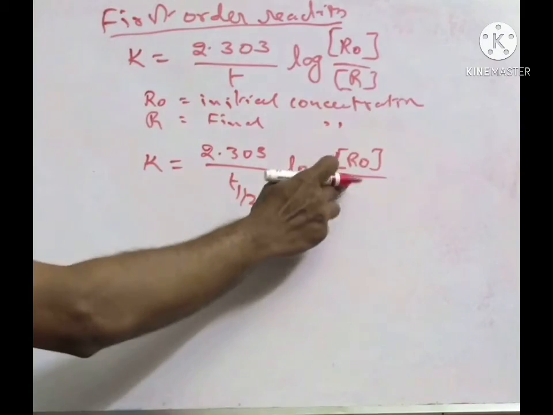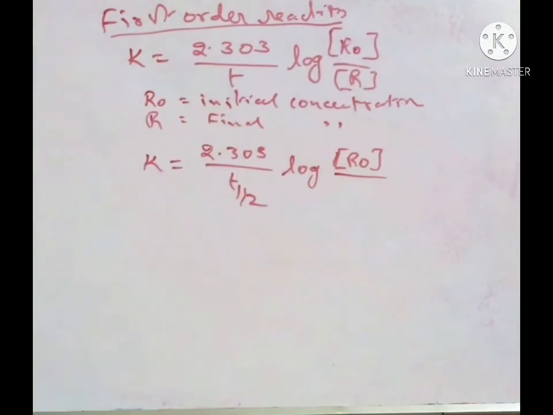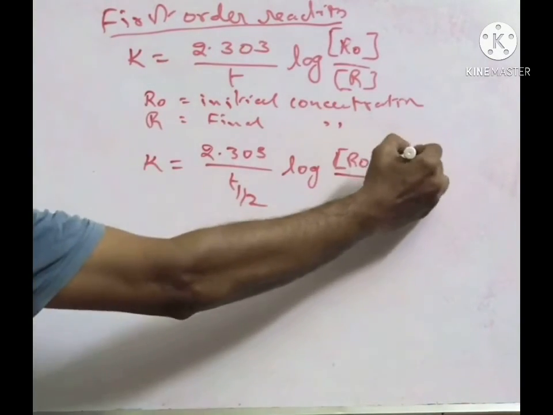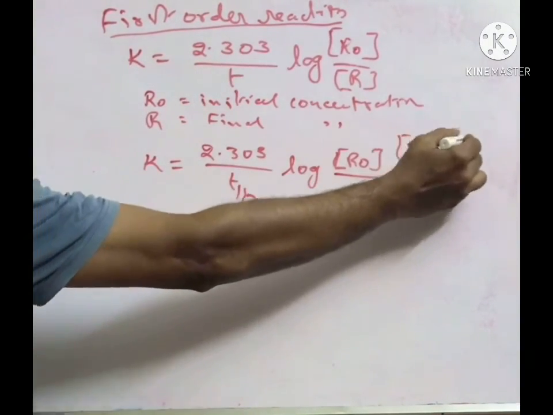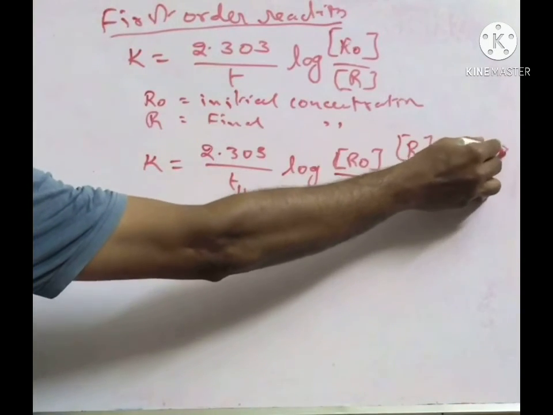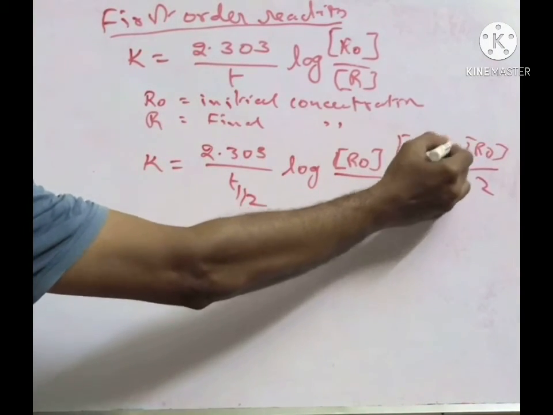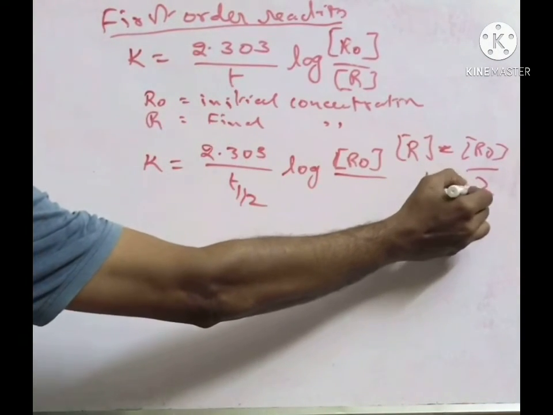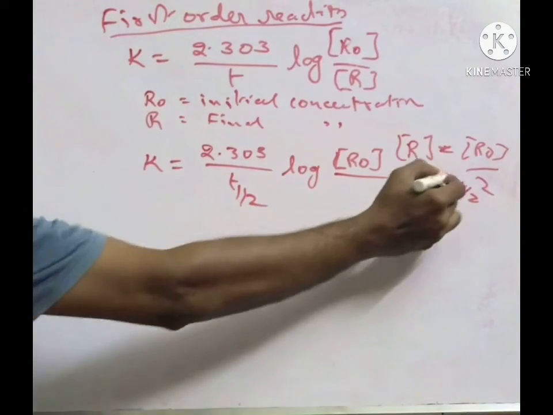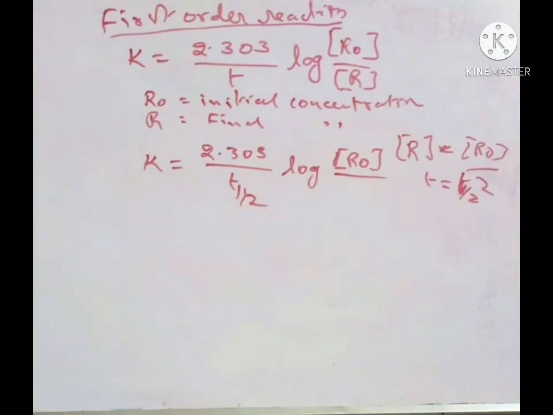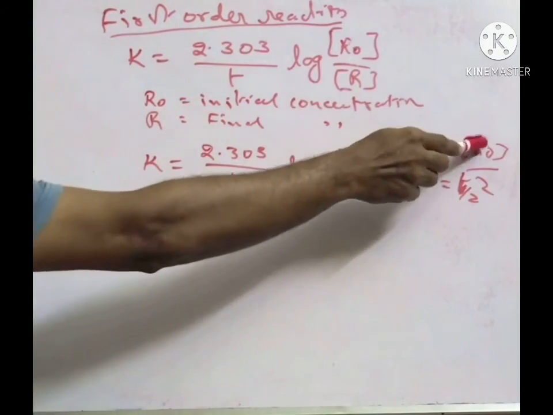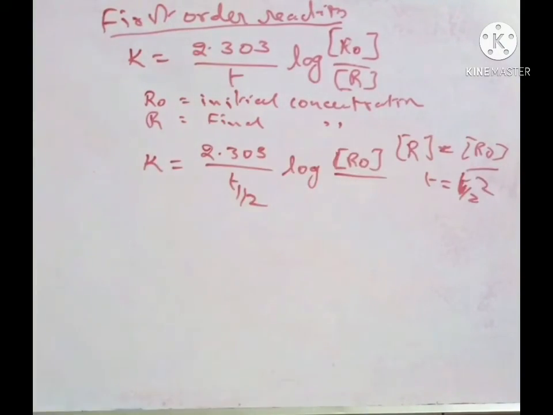The final concentration will be half of the initial concentration. That means my R is equivalent to R0 by 2. That's what the definition says. When T equals T 1 by 2, T becomes T half when the concentration of the reactant becomes half of its original concentration.